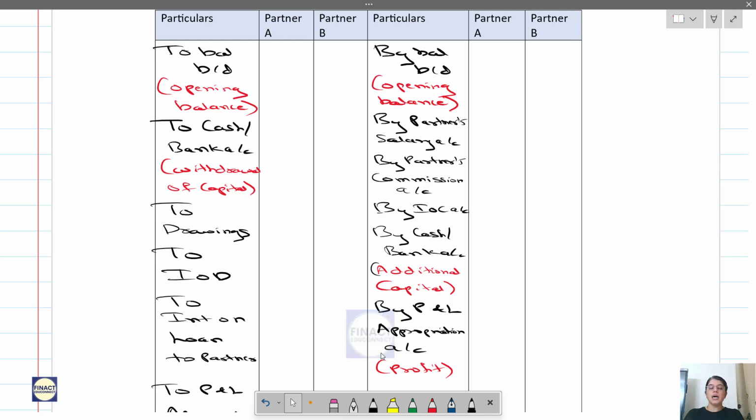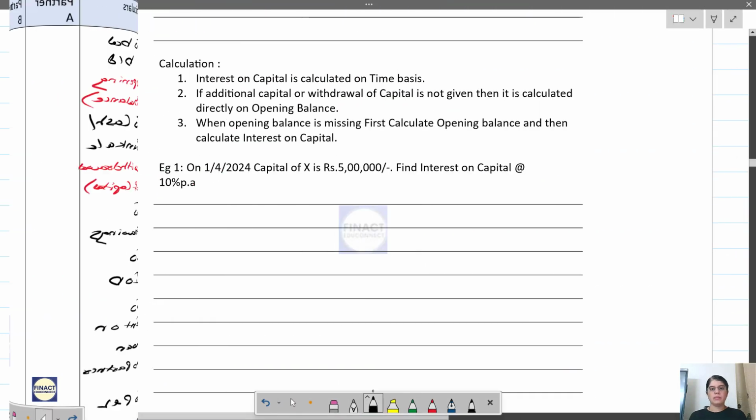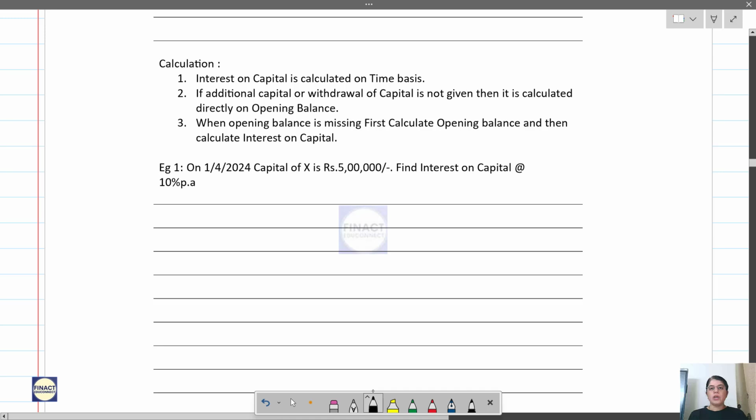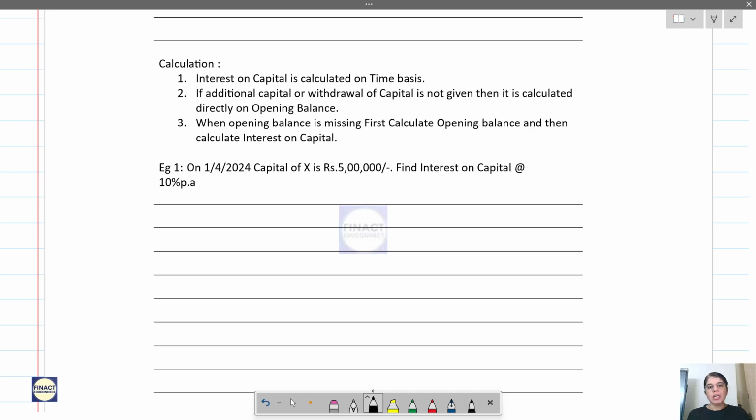Now let us go back to transaction between a firm and a partner, and let us learn how to calculate all the things, that is interest on capital, interest on drawings. Now here we will be learning about how to calculate interest on capital. So interest on capital is calculated on time basis.